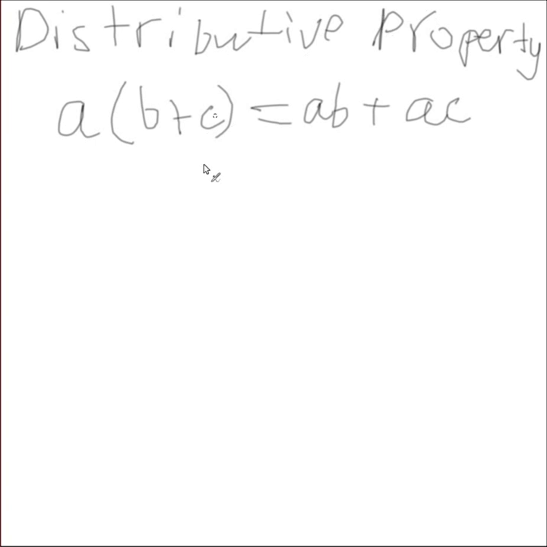So why is it called the distributive property? Well, we can look at it like the a distributes to the b and the c. So a multiplies with the b and the c.